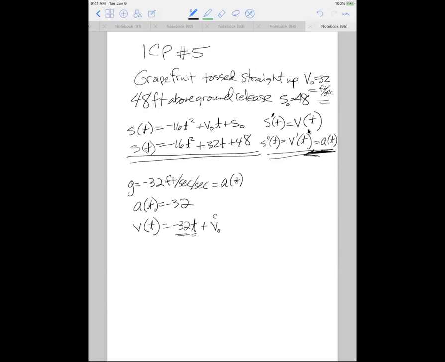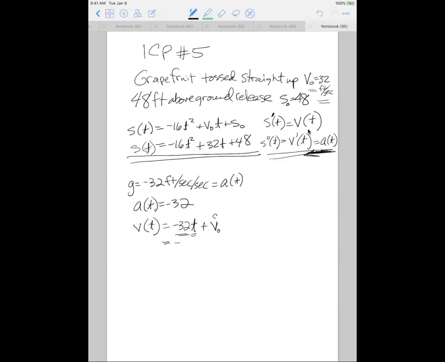So gravity knocks negative 32 feet per second off what you initially start from. You start with the initial velocity, and after 1 second, you subtract 32 from that initial velocity, and that's where you'll be.